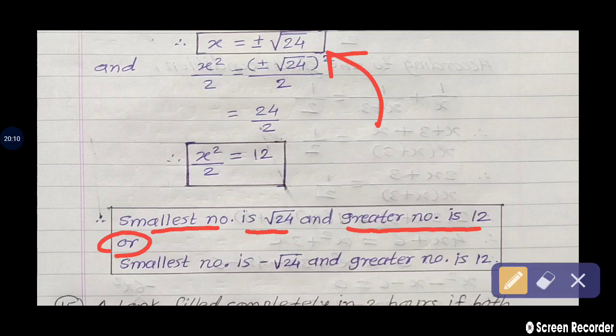So second possibility, the smaller number is minus root 24 and the greater number is the same, that is 12. So in this way we are writing our final answer. Special marks are given to this last step if the question is related to applications of quadratic equation, or in any word problem, your final answer is required in a proper sentence.